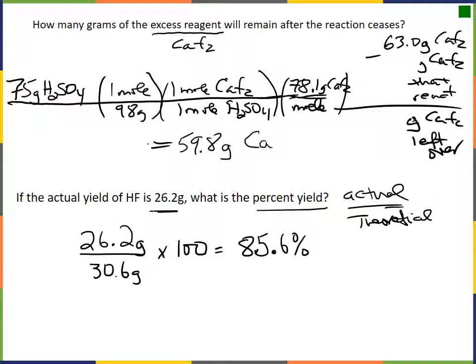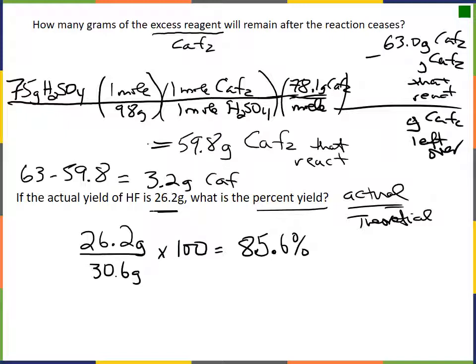This is the number of grams of calcium fluoride that react. We know, therefore, that what's going to be left over is 63 minus 59.8, and we're going to get a total of 3.2 grams of calcium fluoride left.